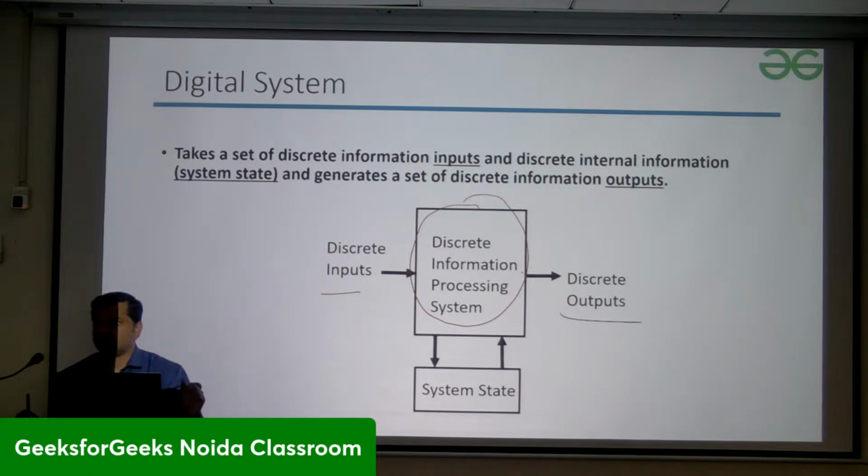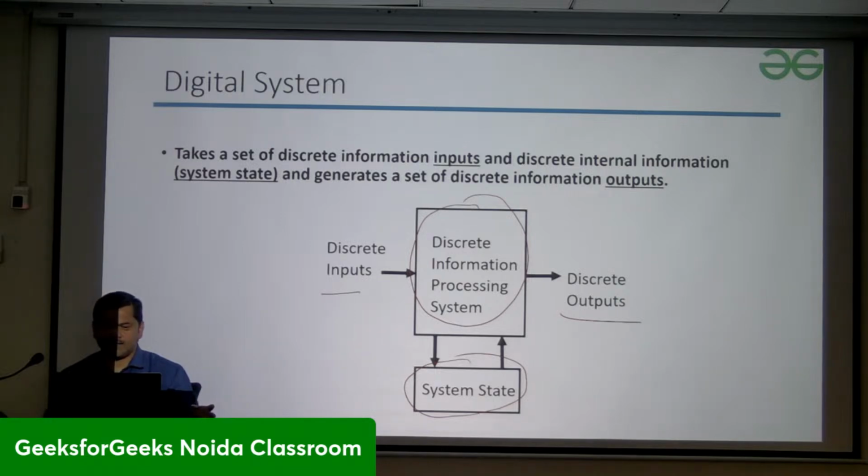Sometimes you can store that particular value, whatever you have calculated, so system state is also there. Whatever outcome is there, you have maintained in the system's memory, and for a particular discrete time you can further fetch it. So a temperature reading system, a humidity reading system, and similar things, you can go for that.